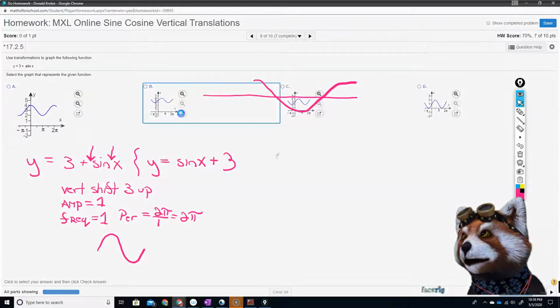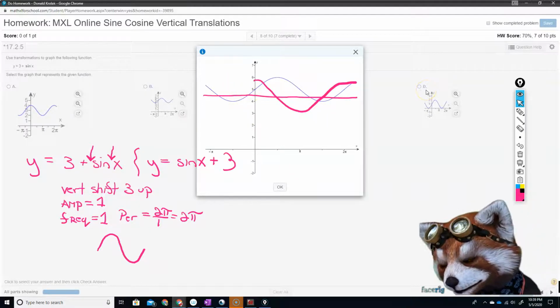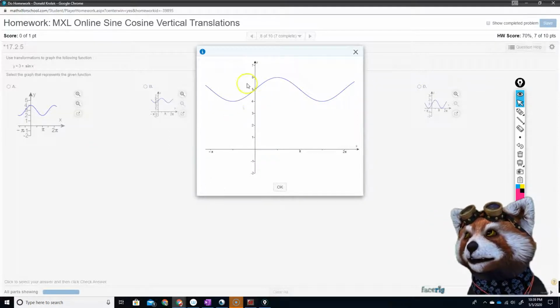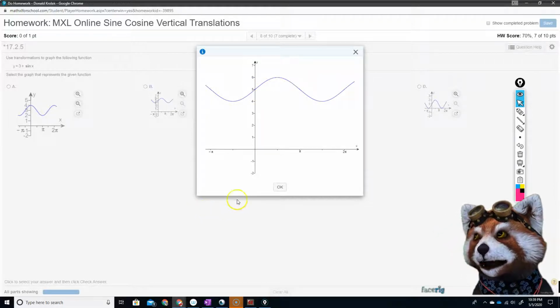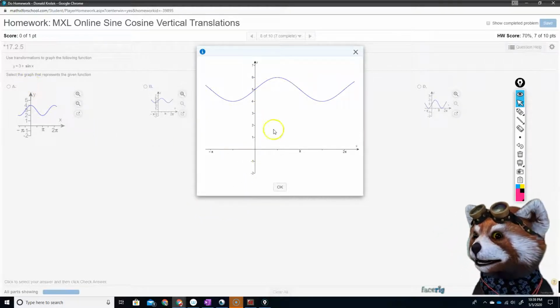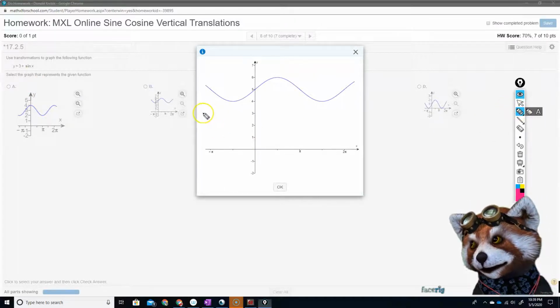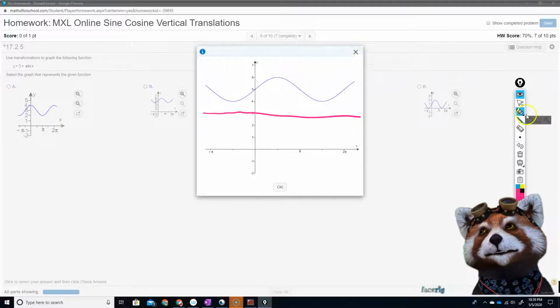Okay, so now let's take a look at B. Okay, B is a sine graph, but let's see, its midline, it moved too far up because here the midline should be at 3. So that one's too high up.